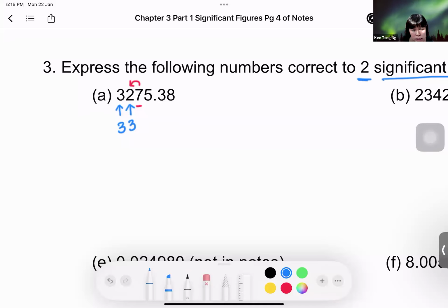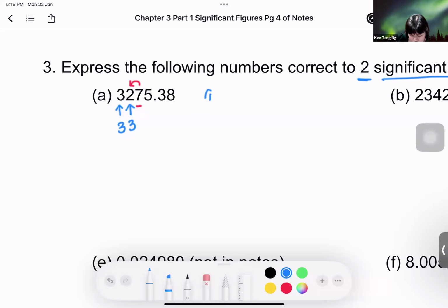However, 3 is not in the correct place value. 3 is not in the correct place value. The question now is how many zeros do I need to add to give it the correct place value and to keep it just nice to meet two significant figures?